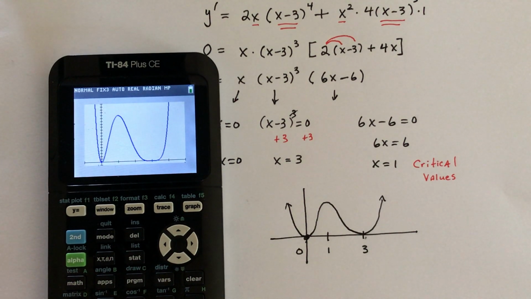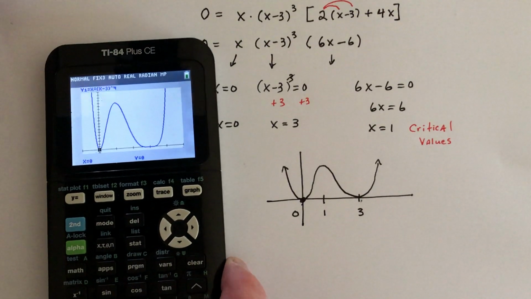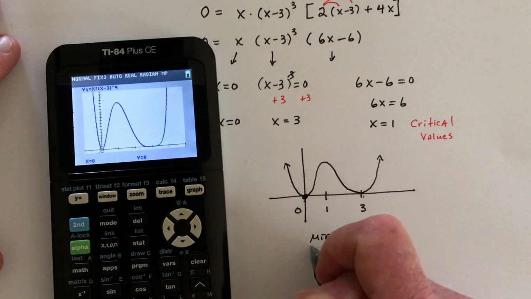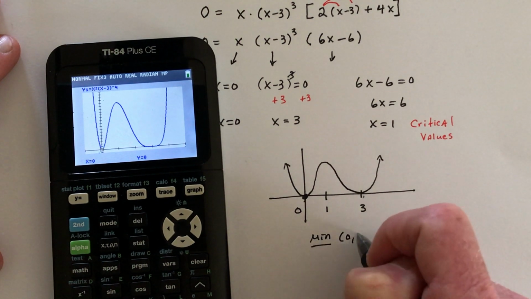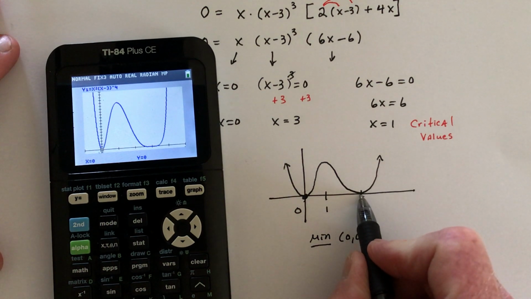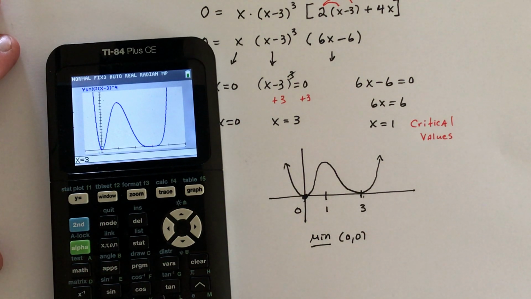And then plug all of those values in. So when you trace and you plug in 0, so that's actually 0, 0. And I don't know if I have enough space. Let me try to write it right here. So that is a minimum. So at 0, 0, there's a minimum. And then this would also be a minimum. I'm pretty sure that's going to be 3, 0.